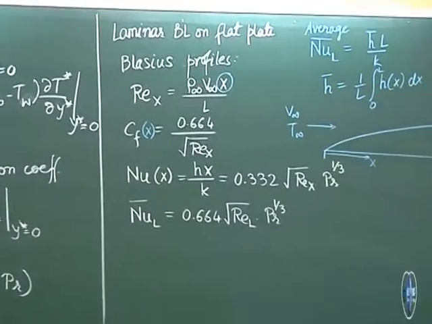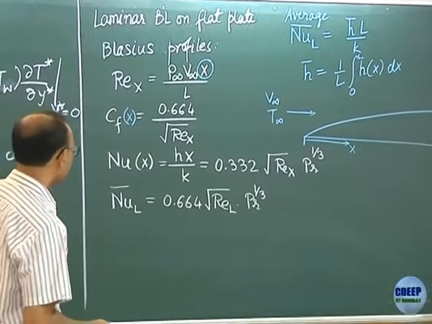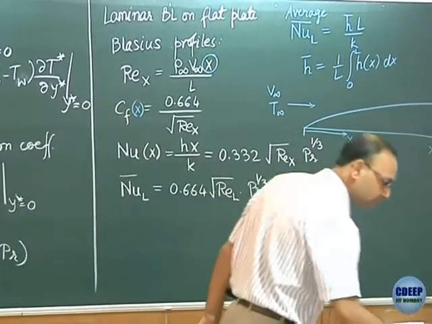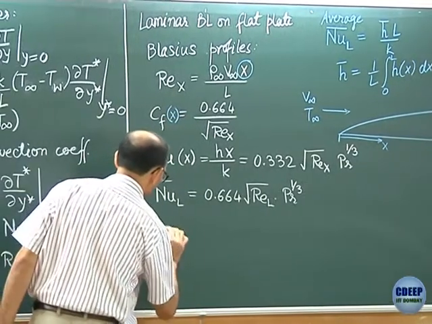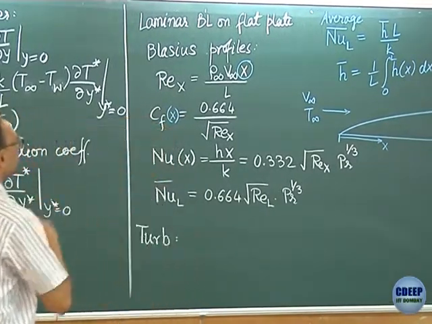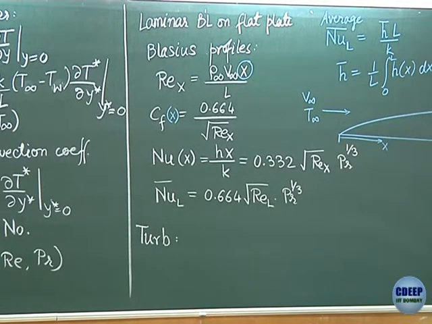So there you have to rely on experimental data, and one example is if the flow was turbulent on the same flat plate, which we know after a point it will become turbulent.